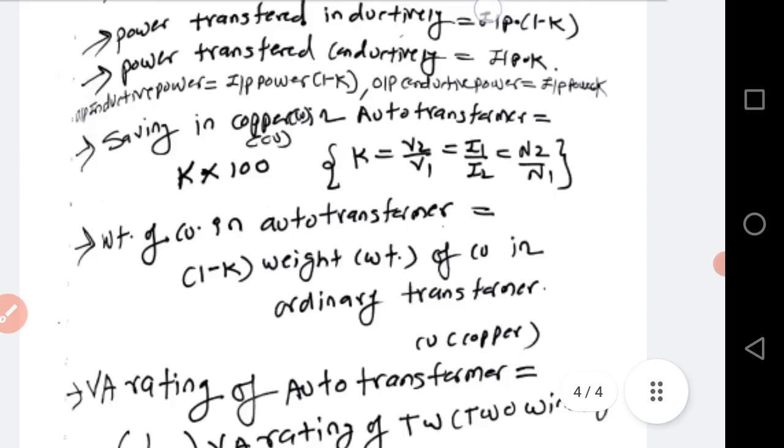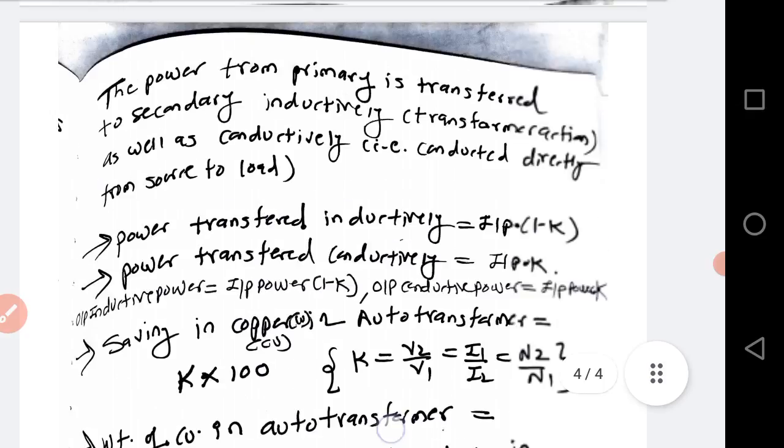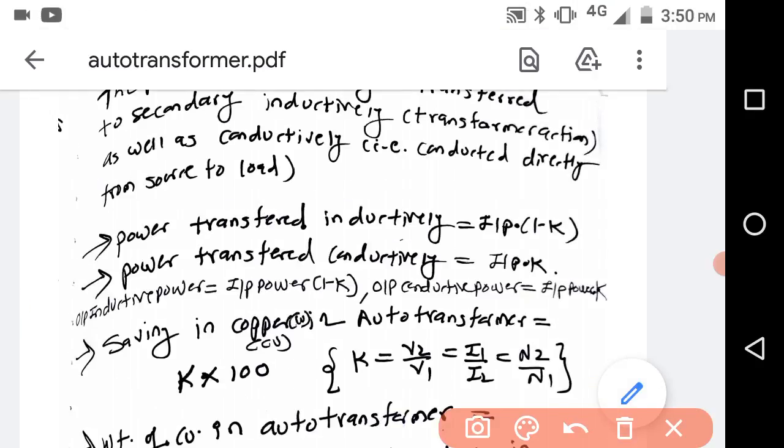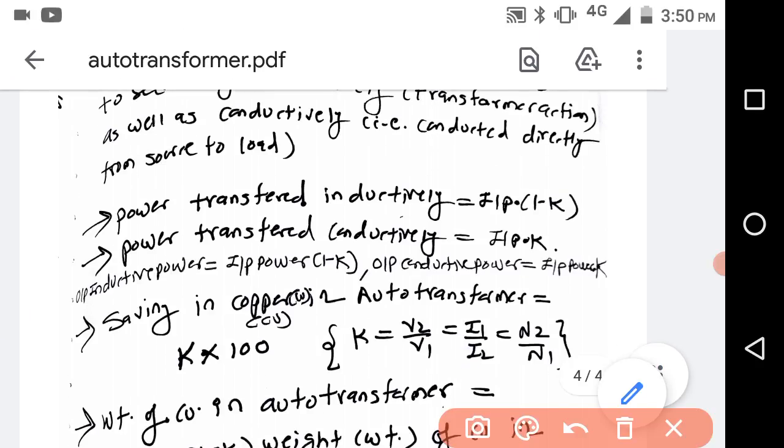Power transferred inductively, that is, the output power transferred inductively, is equal to input power into 1 minus K. So what is K? K is V2 by V1, that is equal to I1 by I2, equal to N2 by N1.